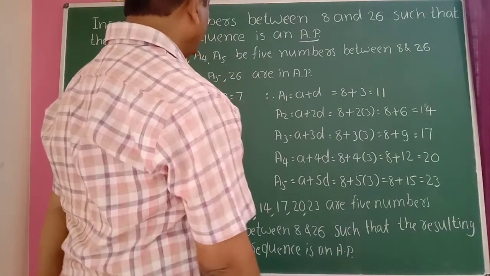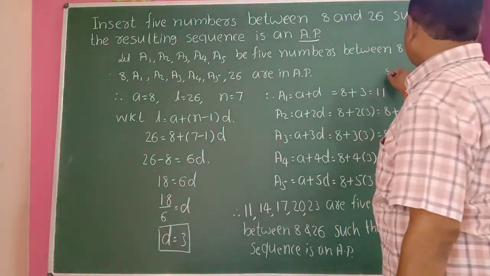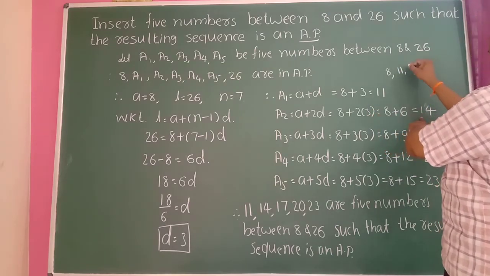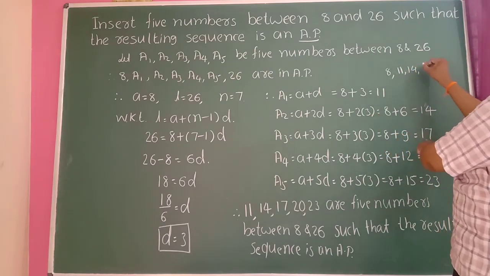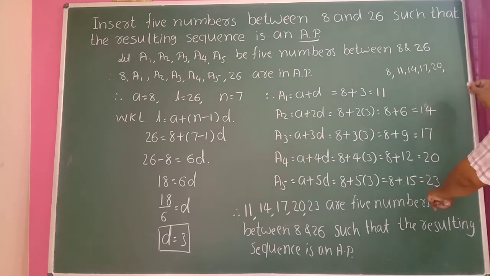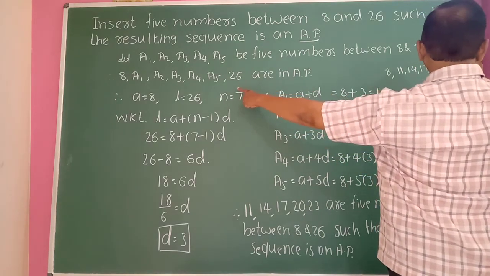Okay, just observe here. The first term is 8, the second term is 11, next 14, then 17, then 20, then 23, and the last term is 26.